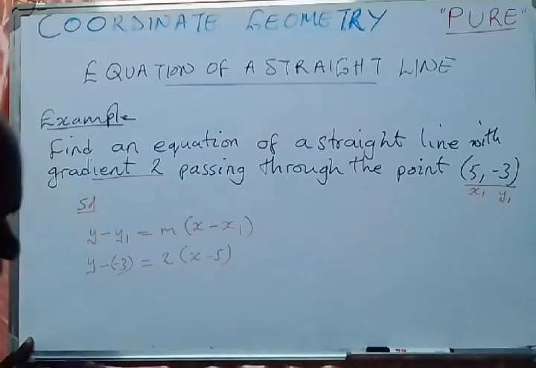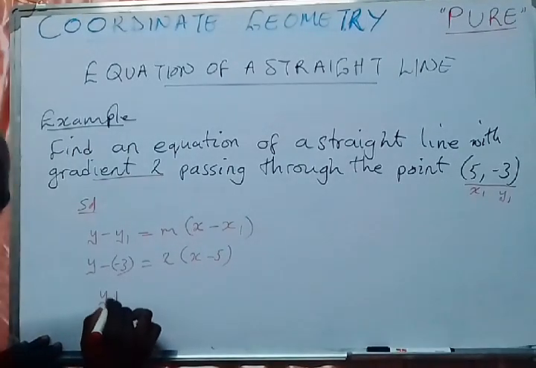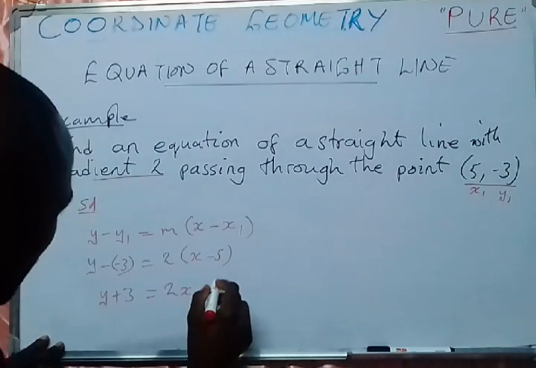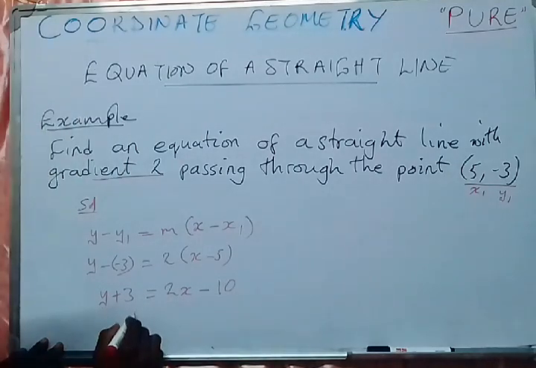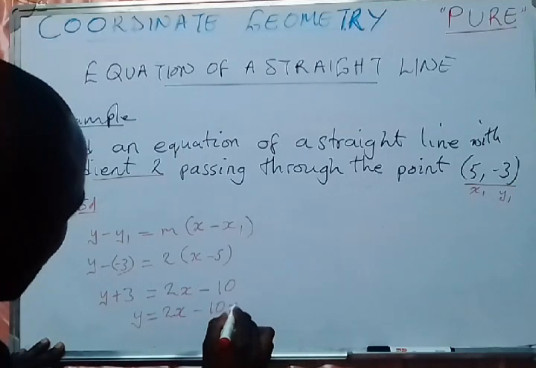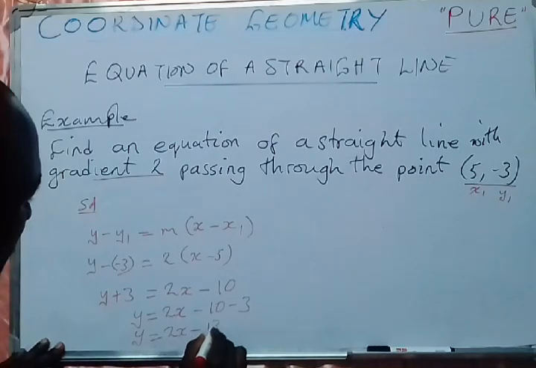Just one point mistake, because 2 times 5 is 10. So y plus 3 is equal to 2x minus 10. Yeah, fine. Therefore, y is equal to 2x minus 10 minus 3, so that we have y is equal to 2x minus 13.